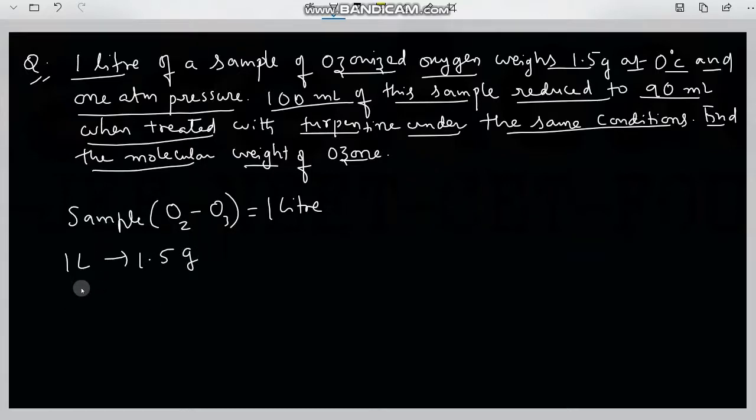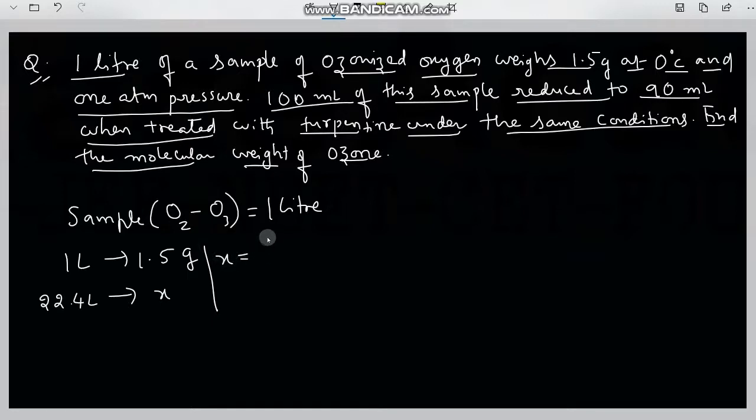But the given condition, 0 degrees and 1 atmosphere pressure, we call STP, standard condition. In this condition, 22.4 liters will weigh how much? If you calculate the sample mass, this will be the molecular weight of this sample.